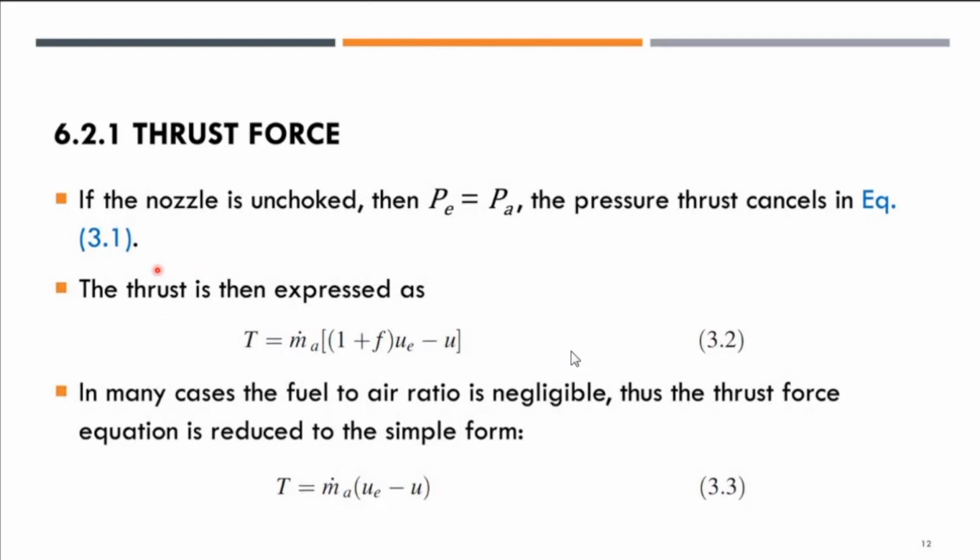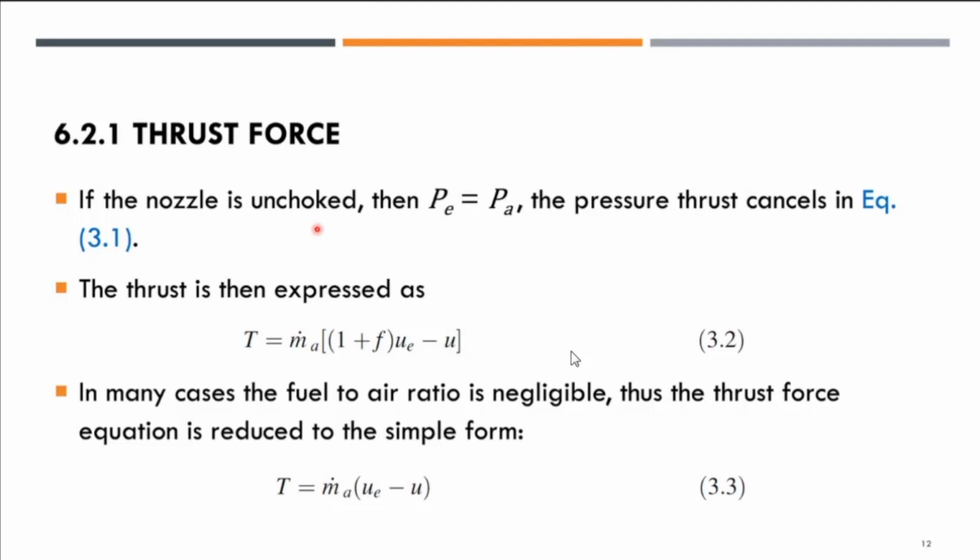Now consider the condition where the nozzle is unchoked. What do we mean by unchoked condition? It means the flow can just pass through the nozzle. If it is a choked condition, the air velocity inside the nozzle cannot be further accelerated.